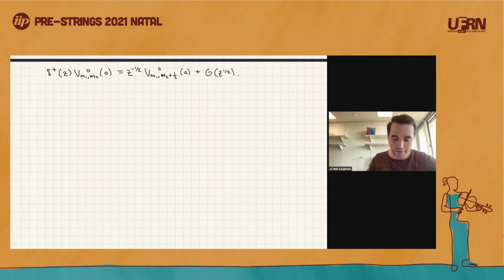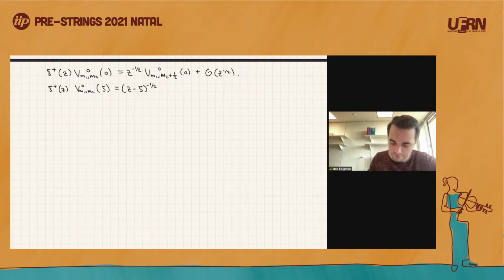And then you can just shift the values of the coordinates. So you can shift this coordinate and this coordinate. And so for two general points, say z and zeta, you get something that looks like this.